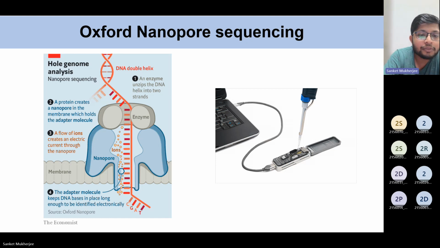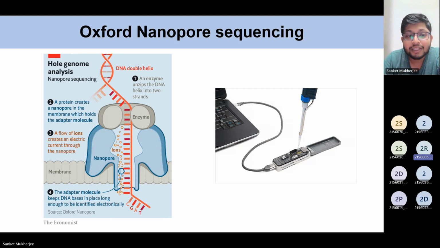This is an enzyme that keeps the DNA going in a flow once it is unwound. Otherwise you cannot make it out. If it again tries to make a helical structure, then you will not get a proper reading, no electrical reading. So the adapter makes sure that the DNA is straight and each and every base is read properly.